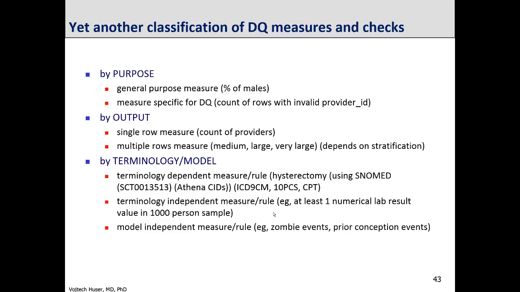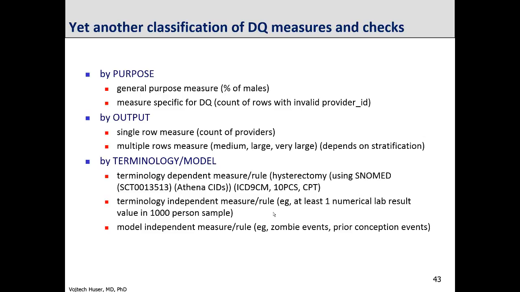In that effort, the Data Quality Collaborative had a number of initiatives to classify things, to name things. So here I am with yet another classification of data quality pre-computations and checks on those pre-computations. And I like to always say that one is by purpose. Many of the Achilles pre-computations are not data quality.